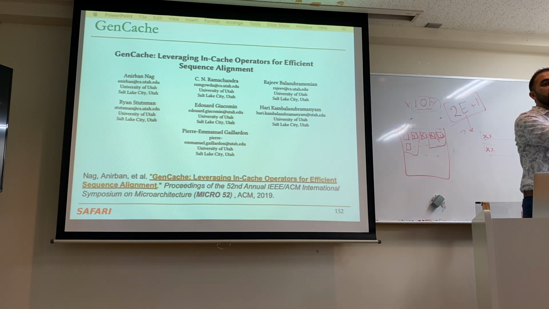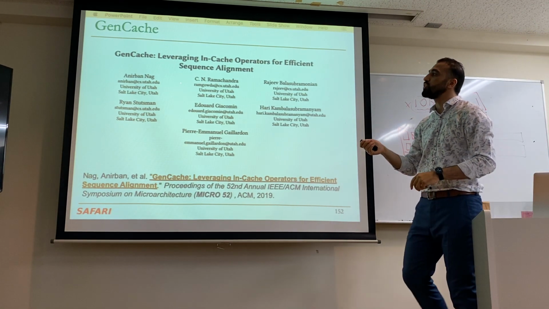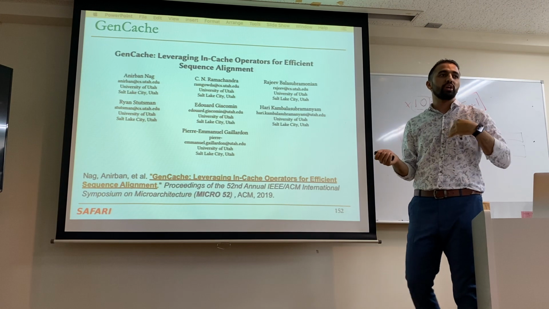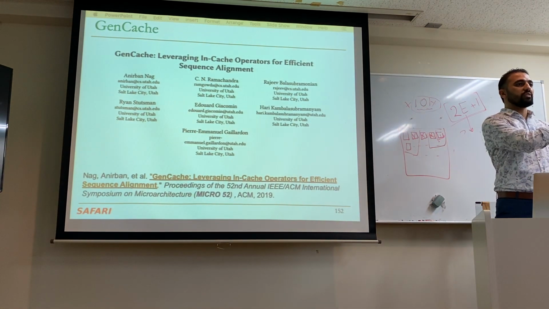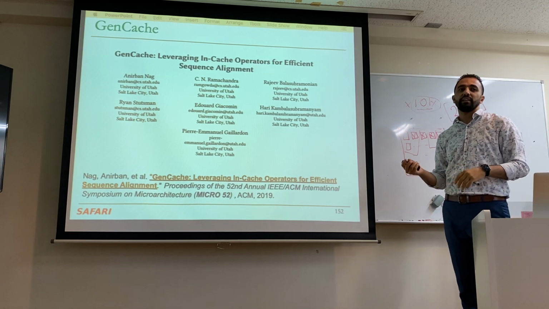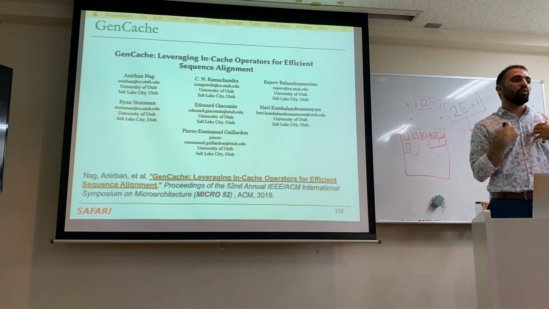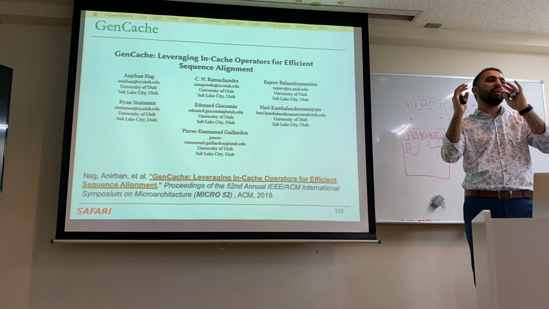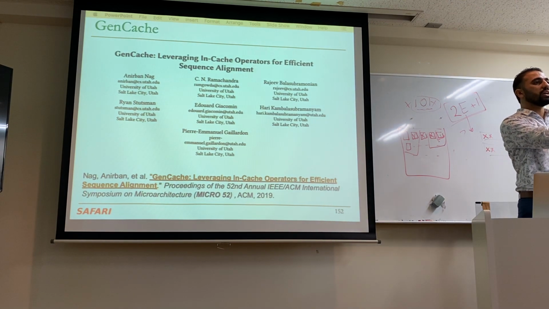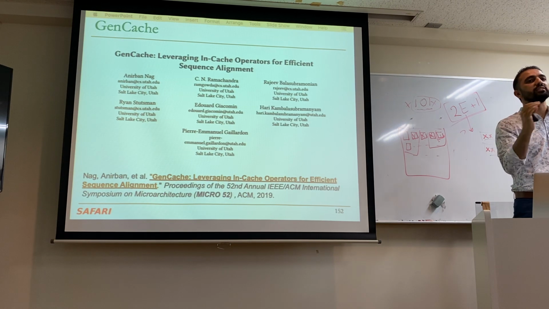And what they did, they said, okay, let's use the cache. Our work used the main memory, but here in this work they're using the cache, which is the next step. They observed that some of our pre-alignment filters are good in certain configurations and not good in certain other configurations, such as the read length and edit distance threshold.